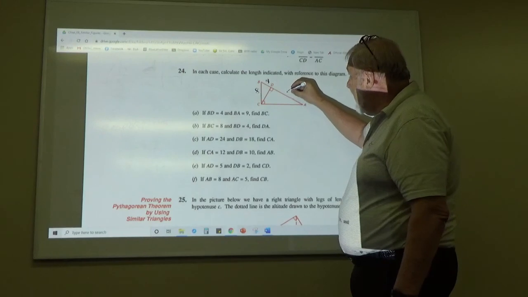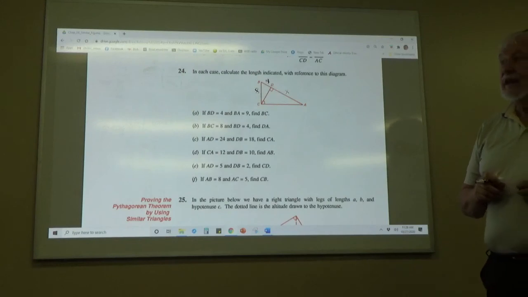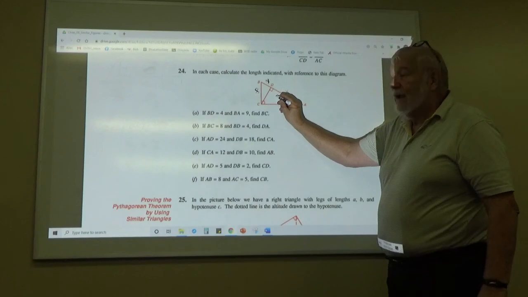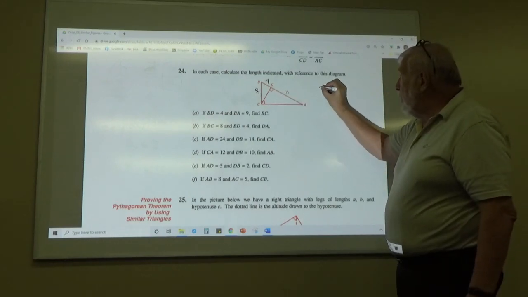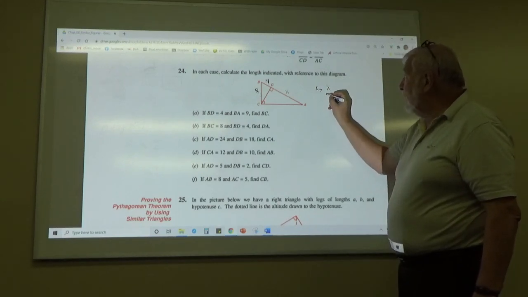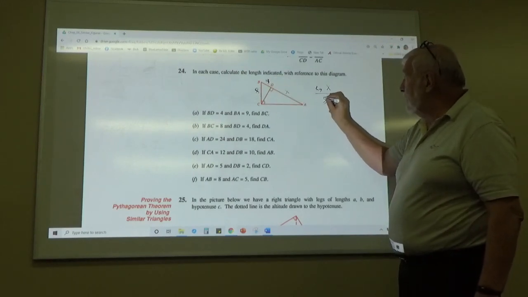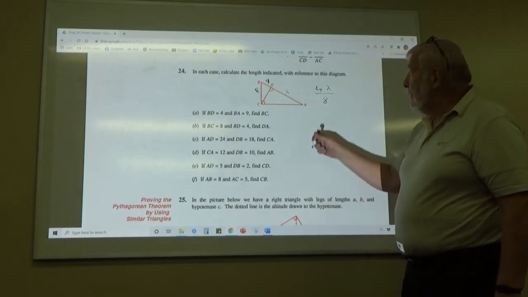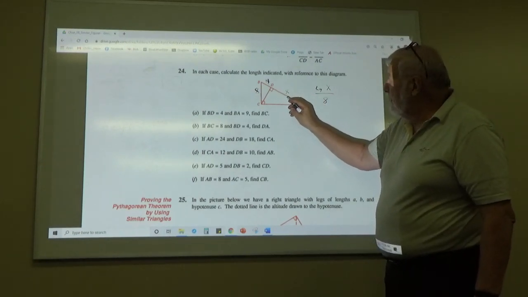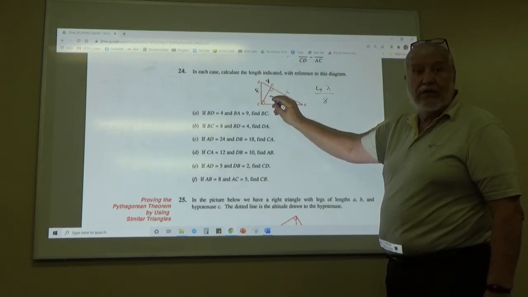Okay, so D to A is X. Okay, now D to A would be defined as what? The long side of this triangle here. Okay, so the long side is X, and we're given the short side, which is 8. Then in this triangle, we can find this side with the Pythagorean theorem.